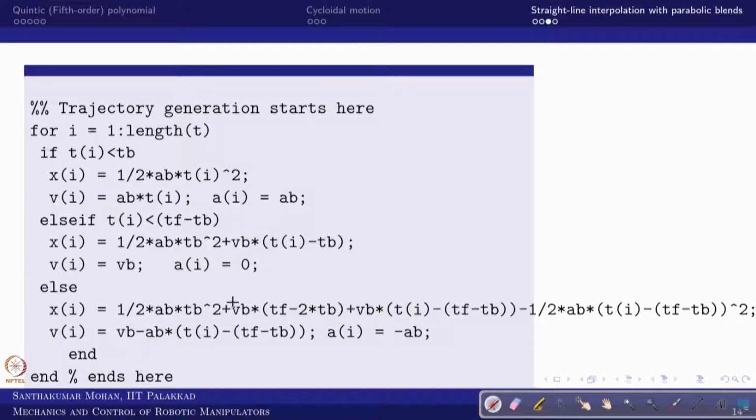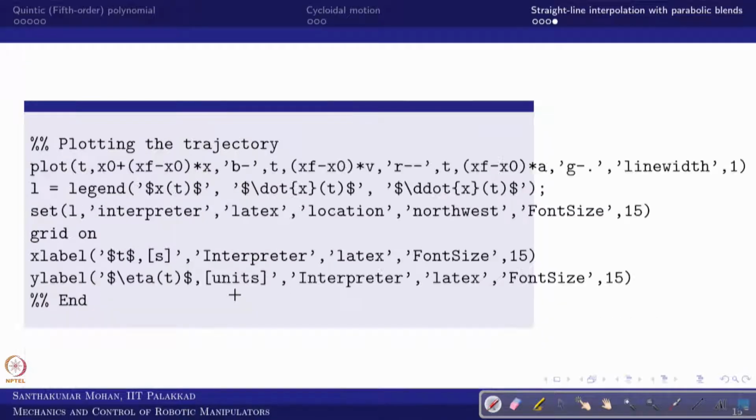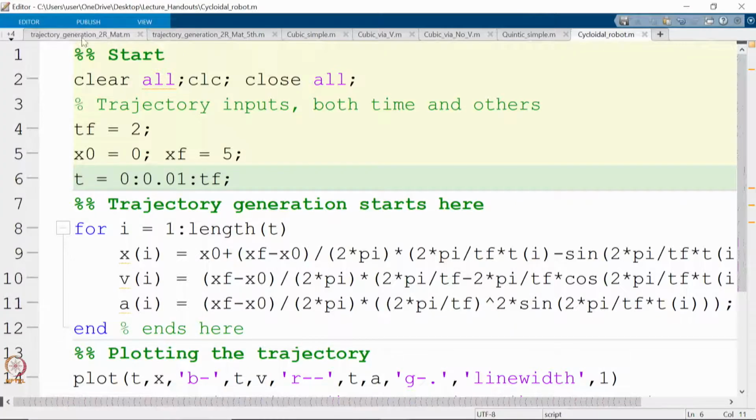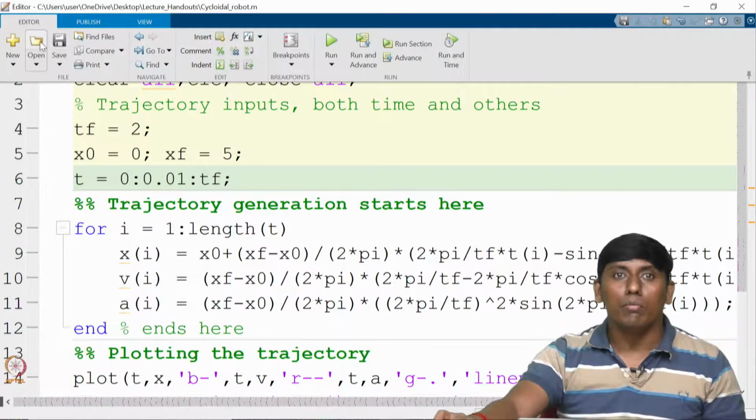We use the simple plotting function, but it is now modified, because we derived only s of t, and s of t needs to be modified into x of t. So we need to multiply by this particular value. That's why we modified this.